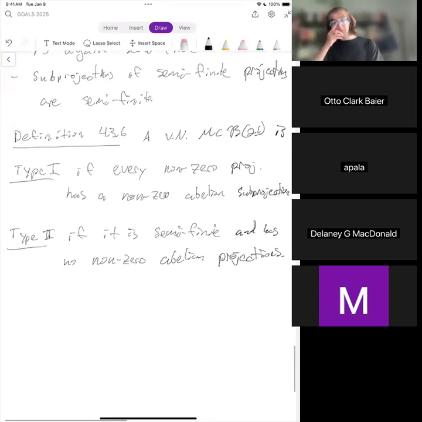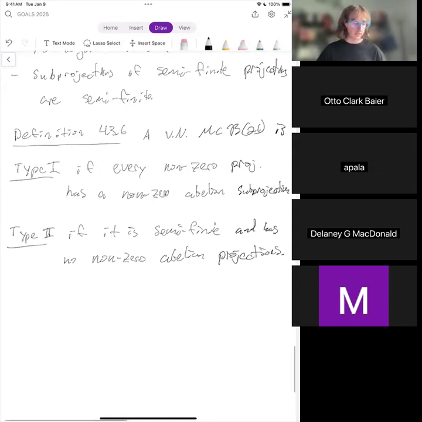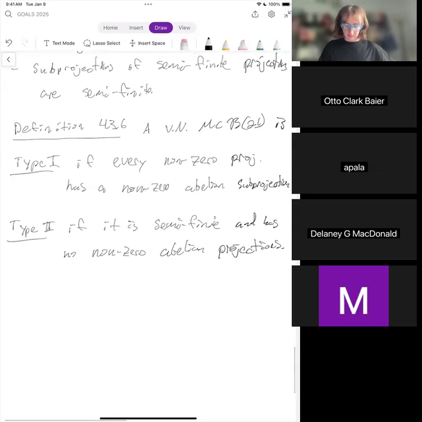Also, it means it won't have any minimal projections because remember, minimal projection means that the compression is isomorphic to the complexes, and that's always abelian. And type 3 if it is purely infinite.